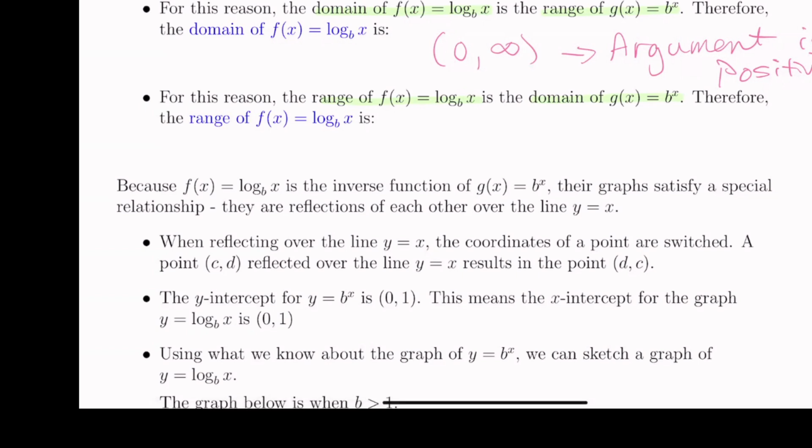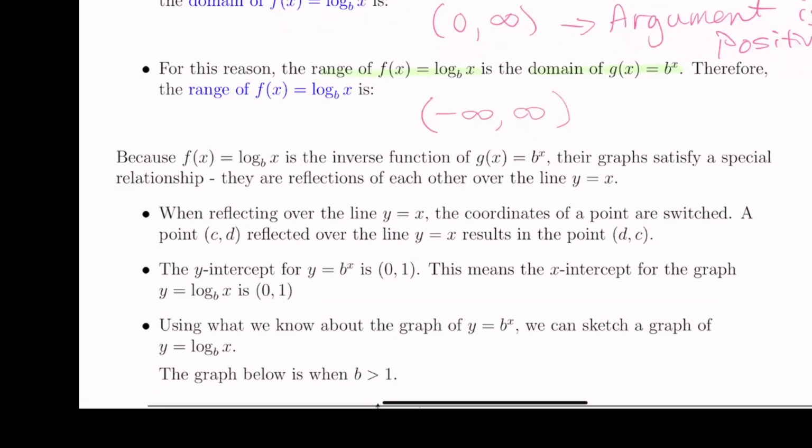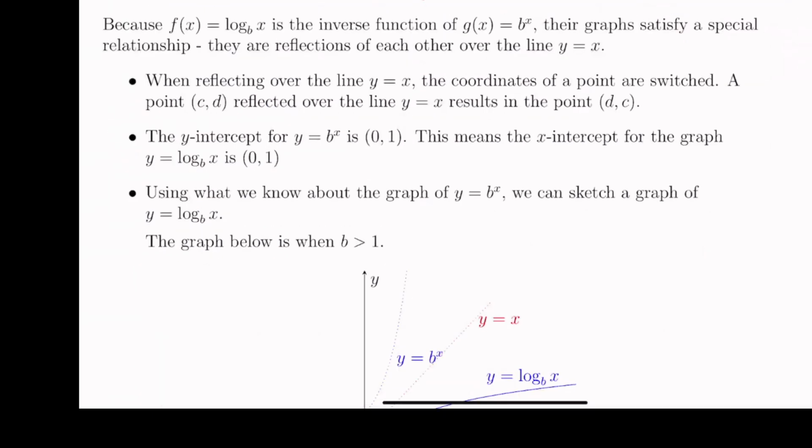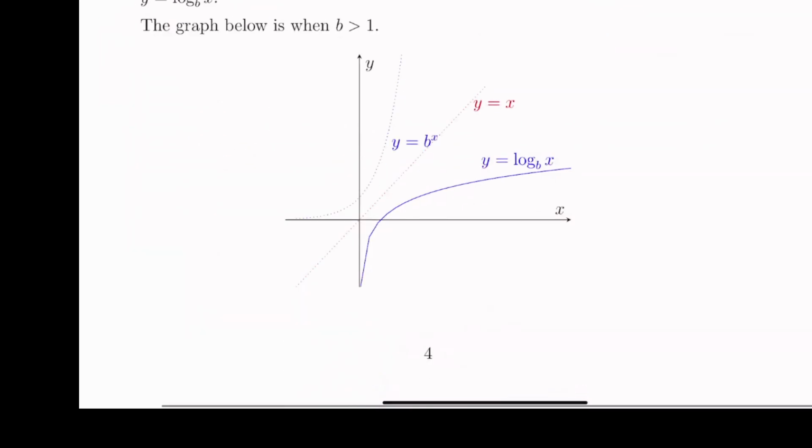And those could be all real numbers. So our log has a range of negative infinity to infinity. Their graphs satisfy the relationship of the reflection over y equals x. And we can see that down here.